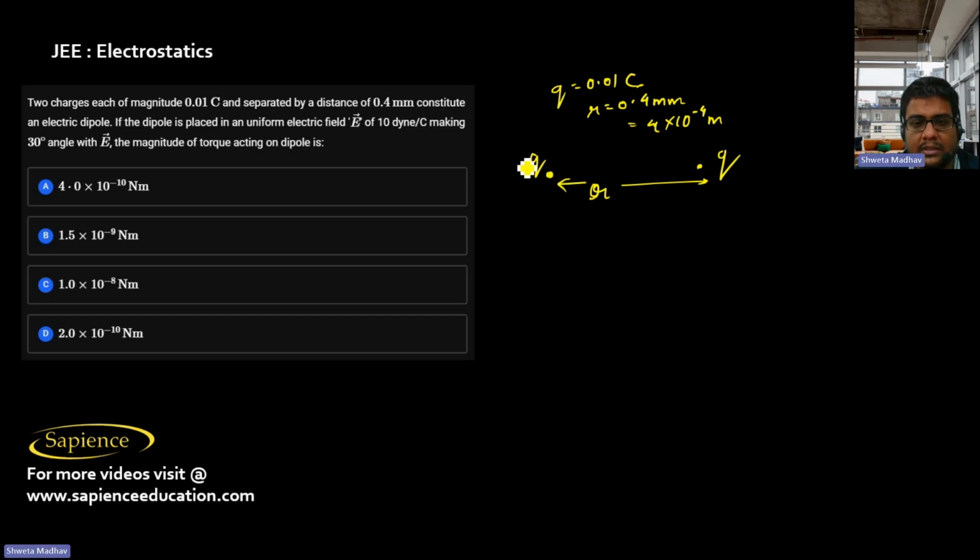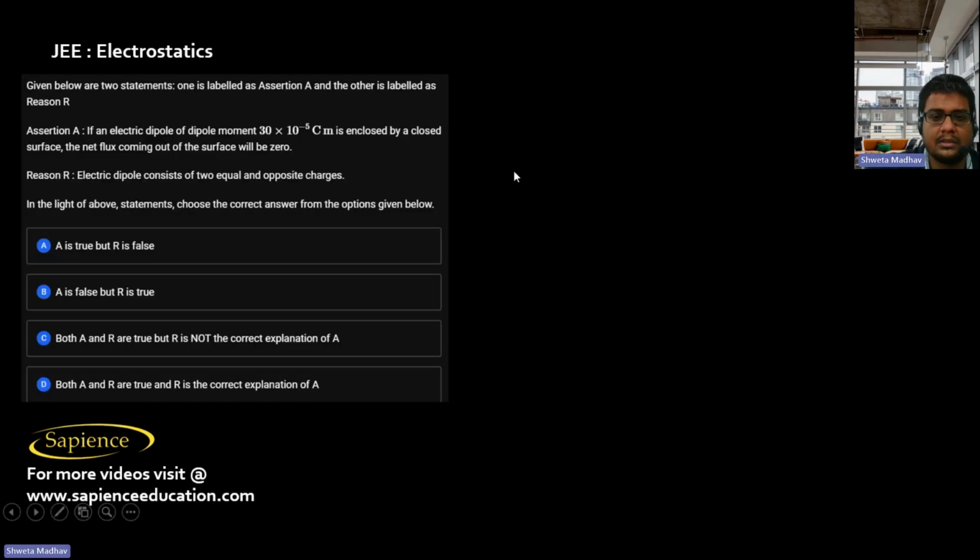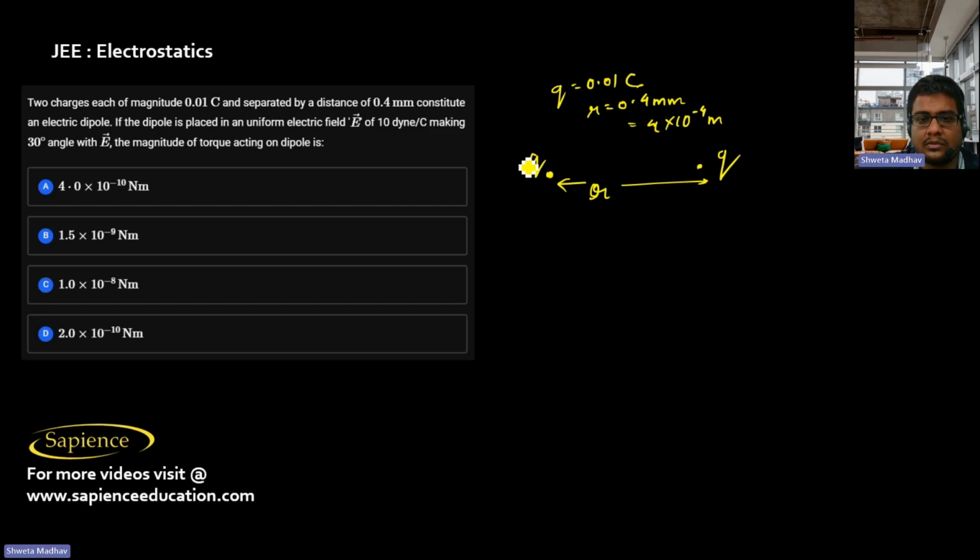So it means this should be minus q, this should be plus q. So it is an electric dipole.